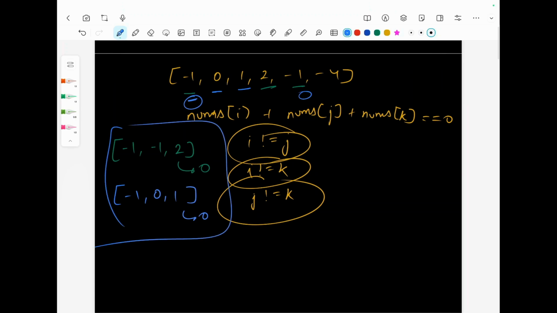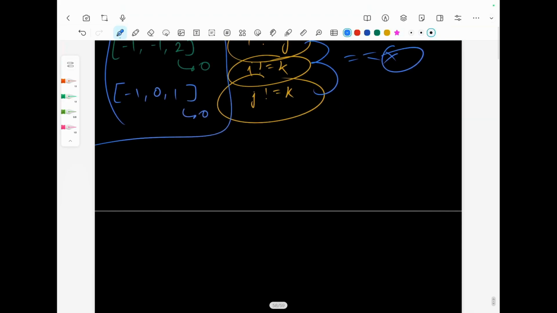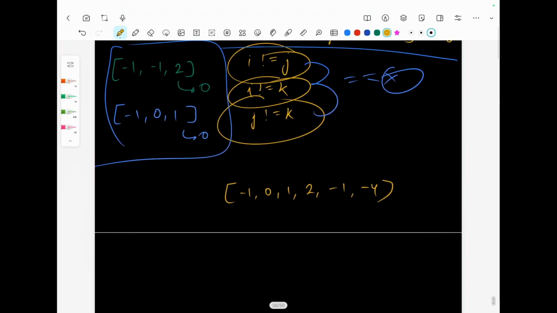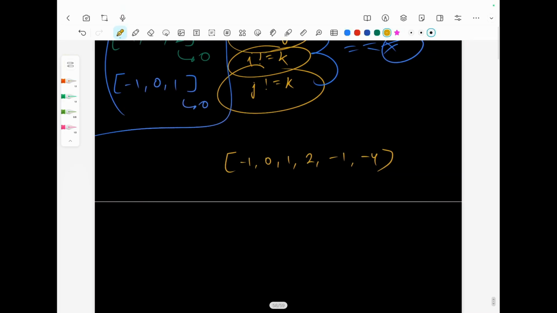So the problem is that you have to find three values such that their sum is equal to 0 and their indexes are not the same, right? Our first solution will be brute force. In this case we have to find three values, so we need three iterators, i, j, k.